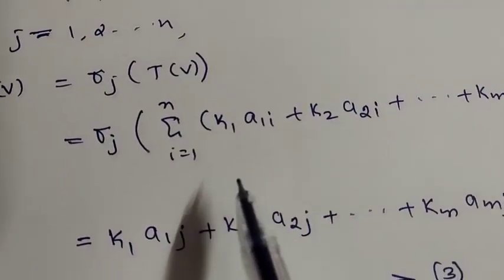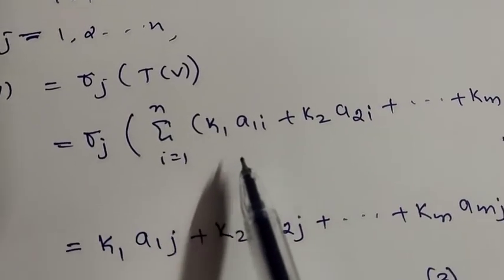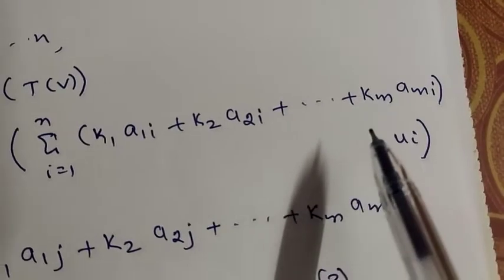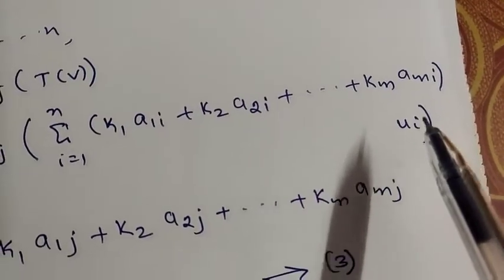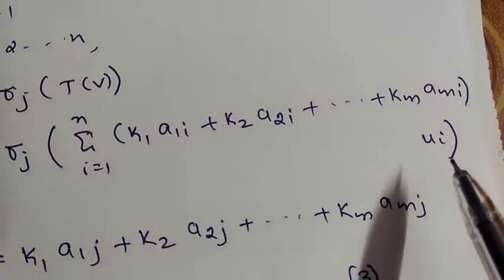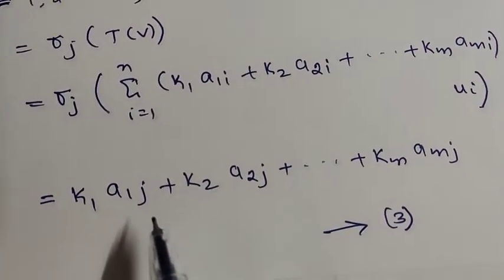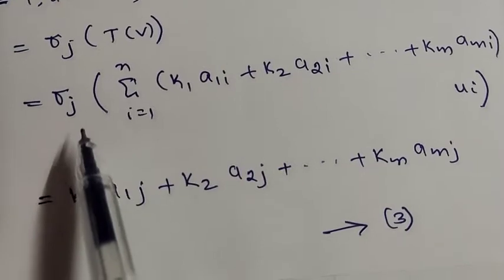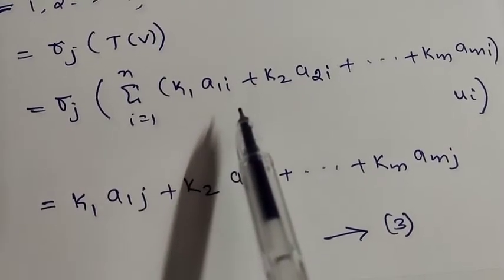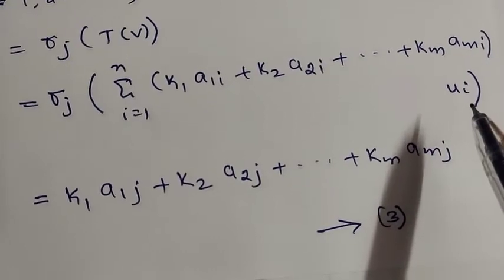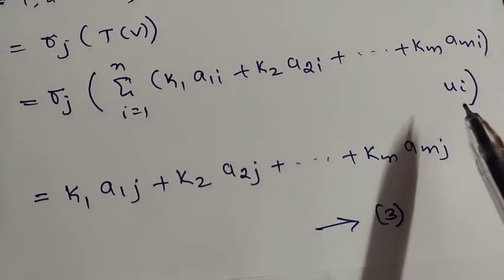So I have written this as summation i equal to 1 to n of (k1 a1i plus k2 a2i etc. km ami) into ui. Now sigma j applies to this. Look here: if you apply sigma j, then sigma j of uj is 1, and for all other terms it will be 0.